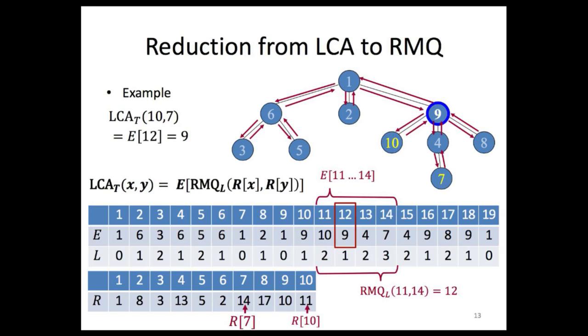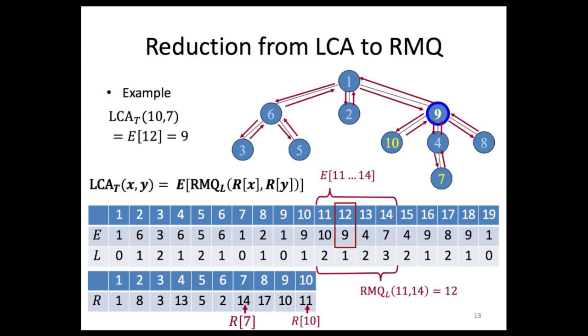Then the expression above says, okay, I'll find the range minimum query in the levels array for the positions 11 to 14, which turns out to be the position 12, and what you get is actually 1.